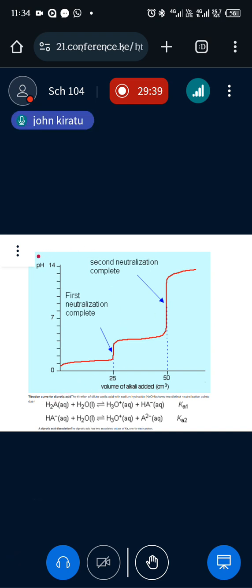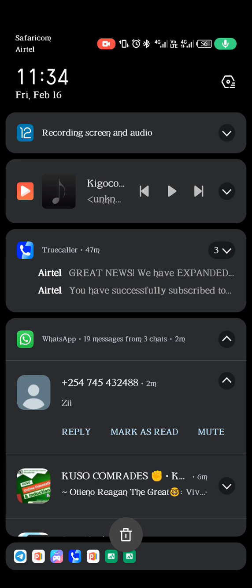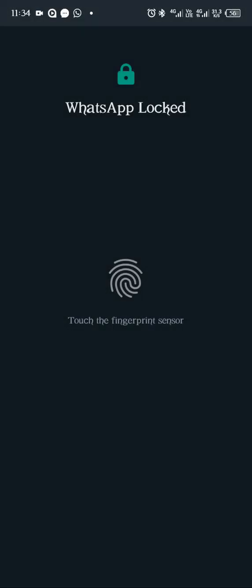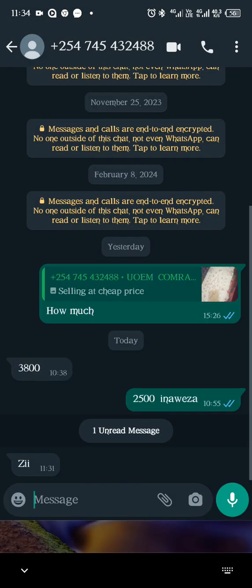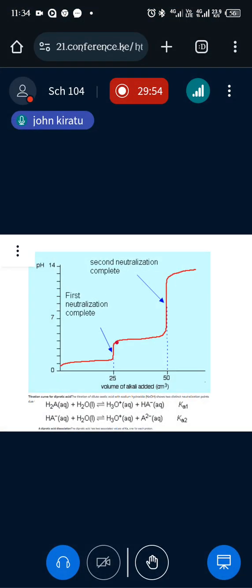This is what is demonstrated here, the reactions which are involved. If it were triprotic, with three hydrogens, then you expect a first part for the neutralization of the first H, a second part for the neutralization of the second H, and a third part for the neutralization of the third H. So the titration curve, first, depends on whether the solution is titrated against a base or an acid.